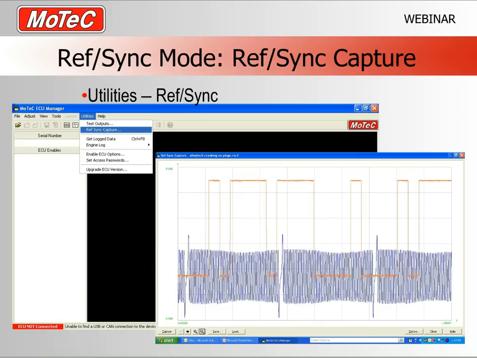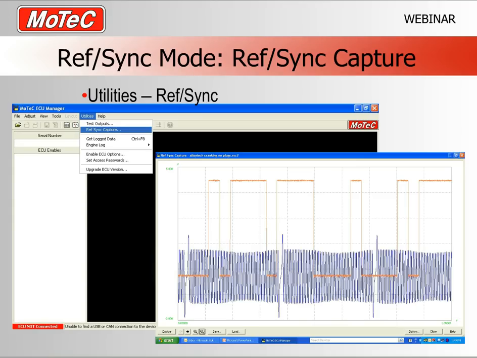As mentioned pretty much ad nauseam in all our seminars and webinars on RefSync, we have this RefSync capture. So under utilities, you go to the RefSync capture, you wind the engine over and hit capture, and you will get an oscilloscope view of the voltage waveforms coming in on the ref and sync input.